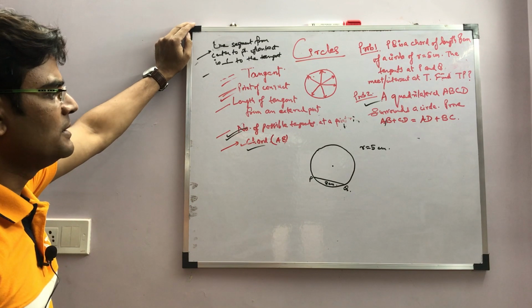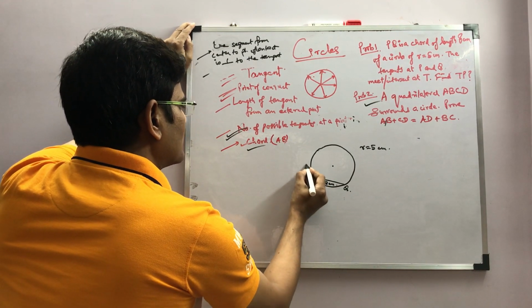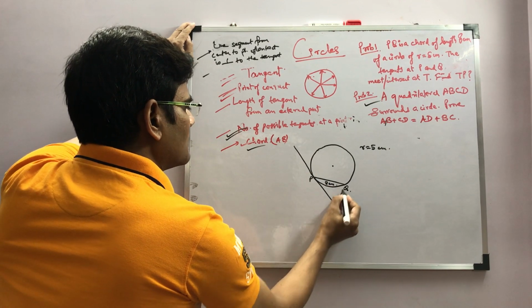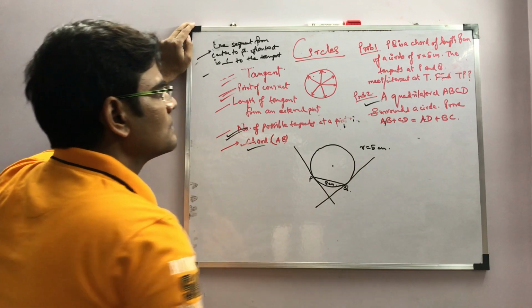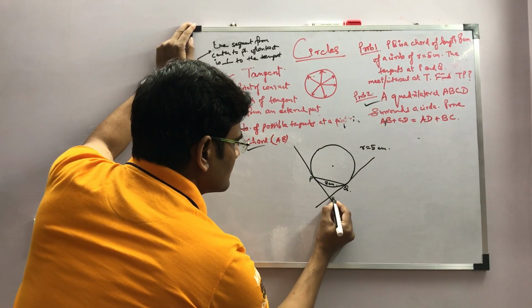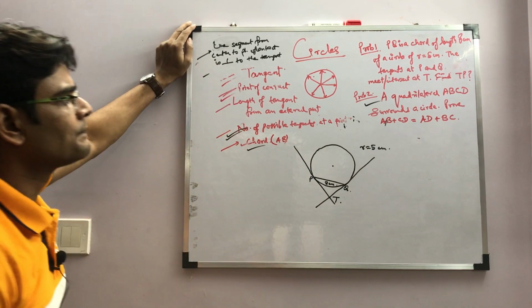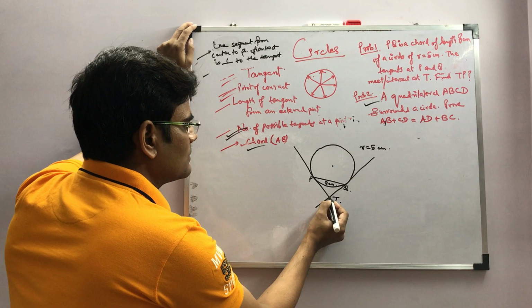The tangents at P and Q, say I draw a tangent at P and a tangent at Q, meet or intersect at T. So what it's saying is this is T. Find TP. It's asking what is PT.